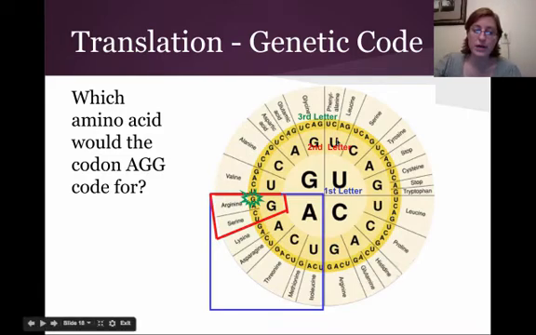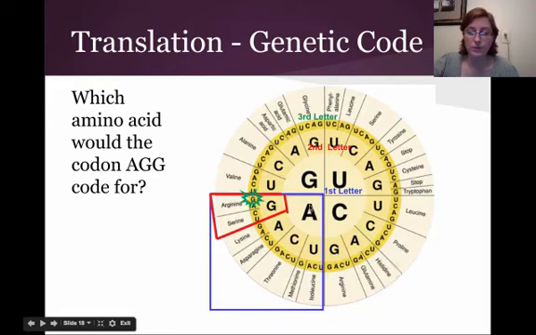Notice that there are 3 rings of RNA nucleotides. They're sort of different sizes and different colors. Starting in the very center, when you read a codon, for example, this codon here is AGG. This is the first position, second position, and third position. Starting in the center with A, that narrows down the possibility to just this corner.